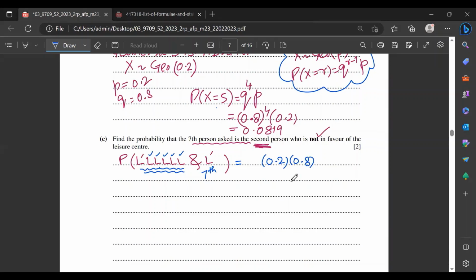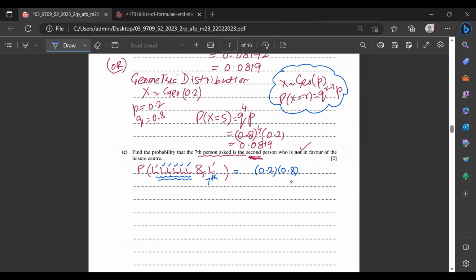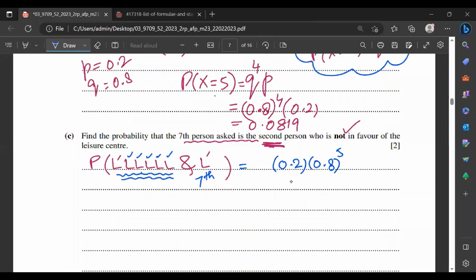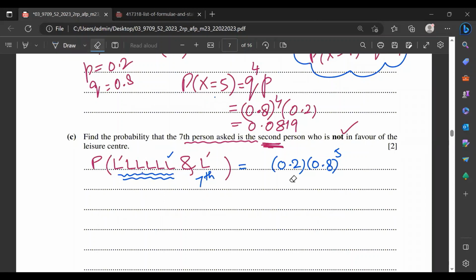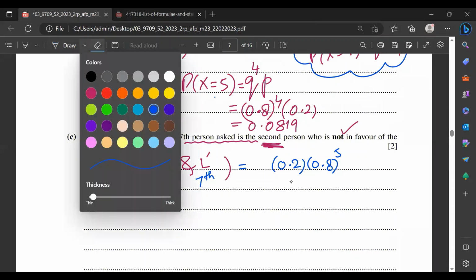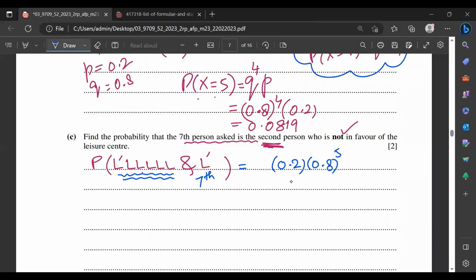As there are 6 things with 5 similar things, I can write 6 factorial divided by 5 factorial, multiplied by not in the favor, 0.2. This is one way of doing this question.